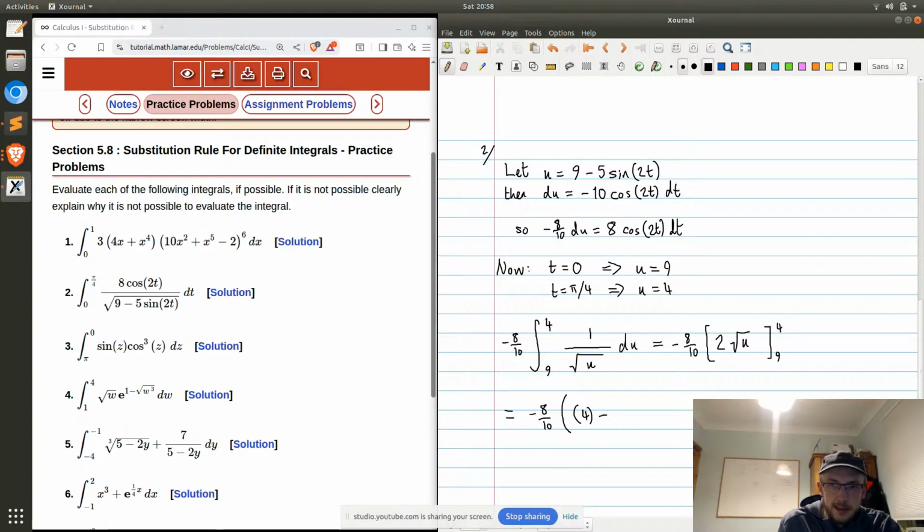Well, that would be 6. And so take away 6. And that's -2. And the -2 is being multiplied by that right there. And what we get as a result is 8/5, which is 1.6. But now we have to check the real answer.